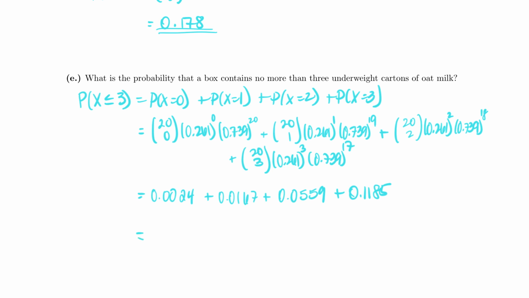And when we add them all up, we get 0.1935. So the probability that we have 3 or fewer cartons that are underweight is 19%. We have a 19.35% chance that we have 3 or fewer underweight cartons by this model.